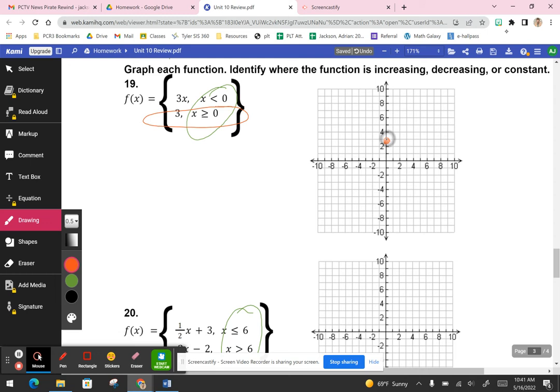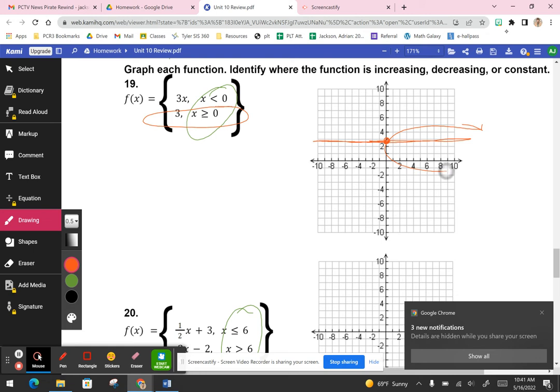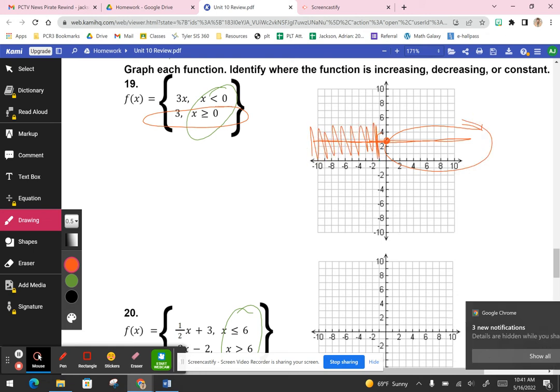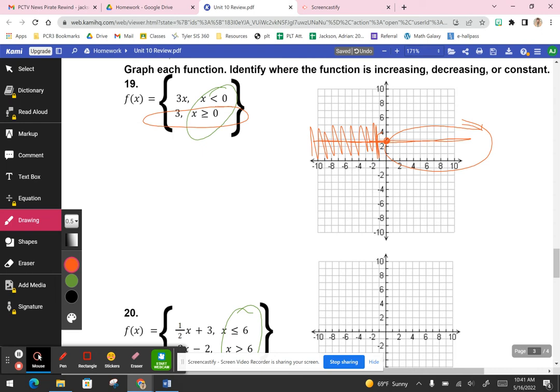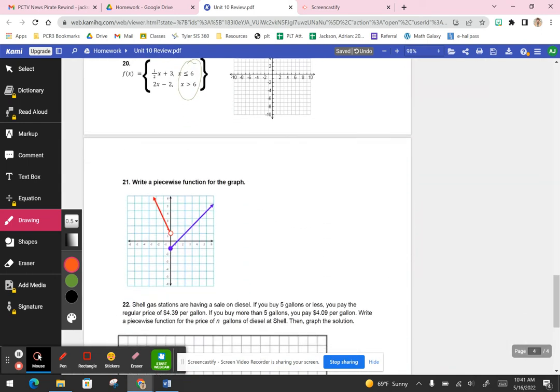So that would be a dot at 3 and then a line all the way across. It's kind of off, but you get the picture. So I only want this when x is greater than 0. So technically, I only want this half of the line. So I can kind of scratch out this half, erase it if you're writing in pencil, and then you're only going to leave the half that you want. So I would do that for all of these.